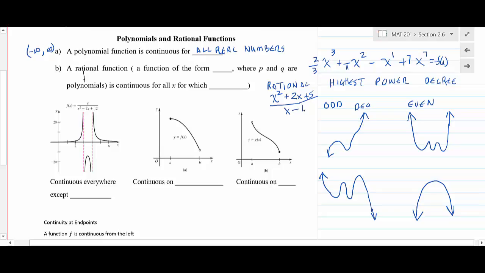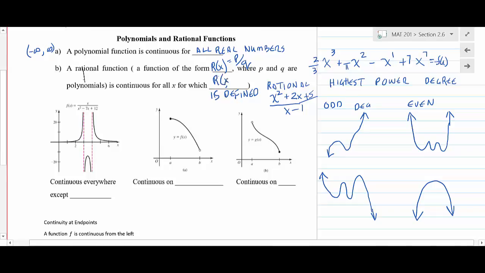What we say is a rational function, of the form r of x equals p over q, where p and q are polynomials, is continuous for all x for which r of x is defined. Whatever that polynomial function is, let me call that r of x, just to stand for the rational function.